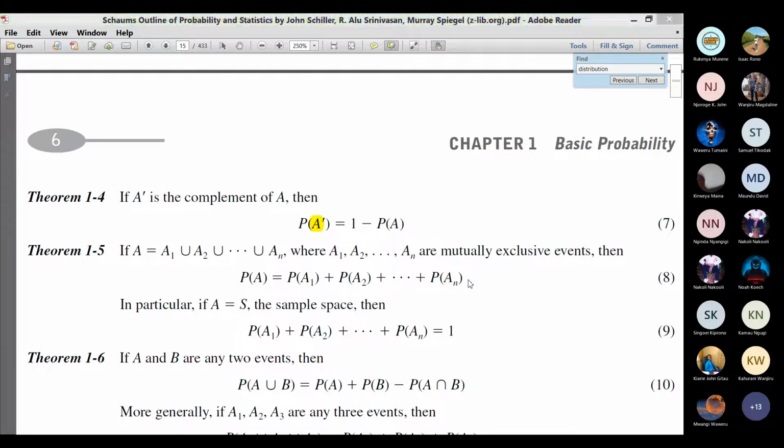That means the probability of the union of the events is just the addition of the specific probabilities of each one of them. And if A is the sample space, then those probabilities should add up to 1. And if A and B are any two events, then the probability of A union B is the probability of A alone plus the probability of B alone minus what is common.